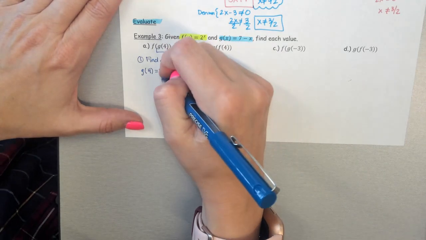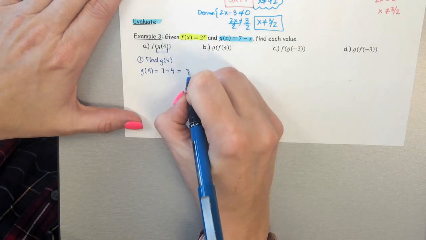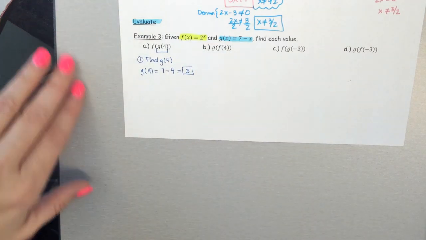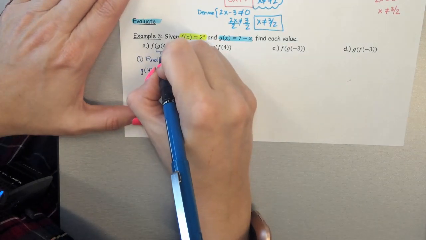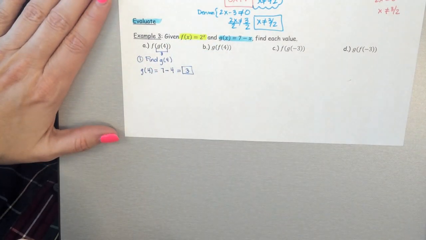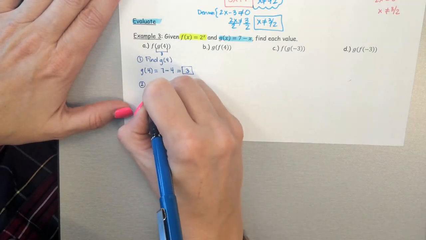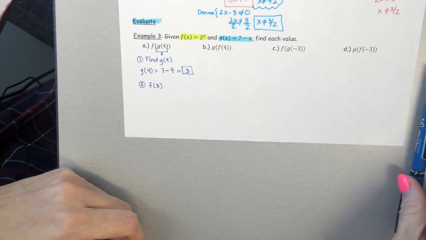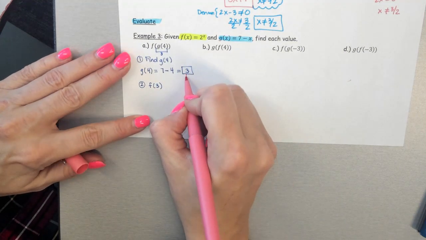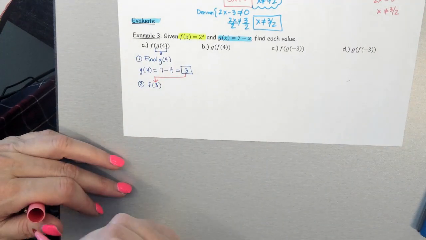X. So instead of 7 minus x, we're going to do 7 minus 4, and we get 3. So if g of 4 is equal to 3, that's the same thing as finding f of 3. You take that value that you found in step 1 and you substitute it into the equation.